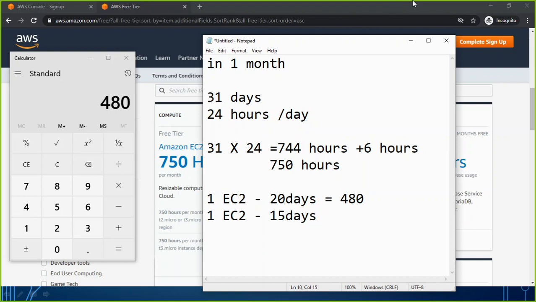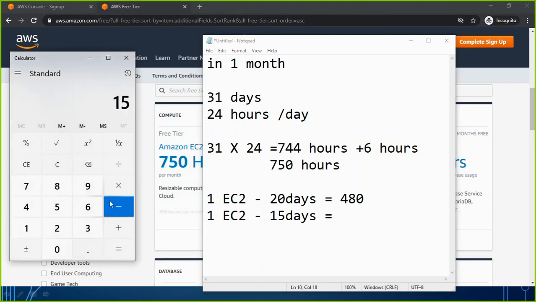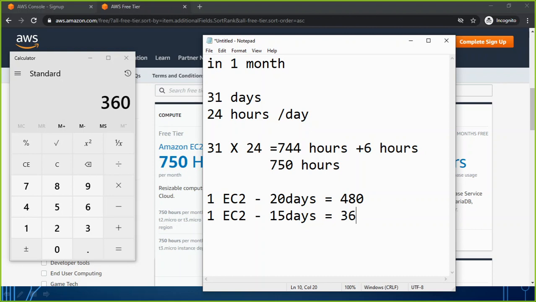So how many hours has this one run? You can simply calculate here also. 15 days multiplied by 24 hours is 360. So if I talk about the whole month, how many hours was my EC2 instance running?